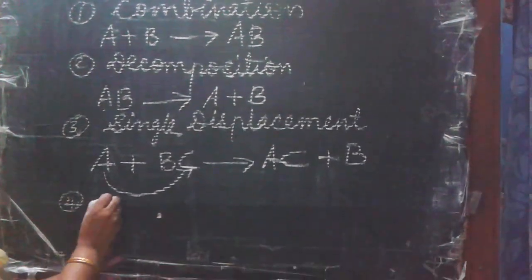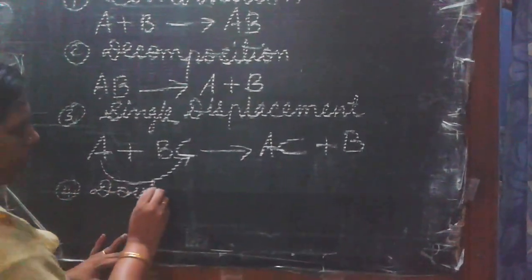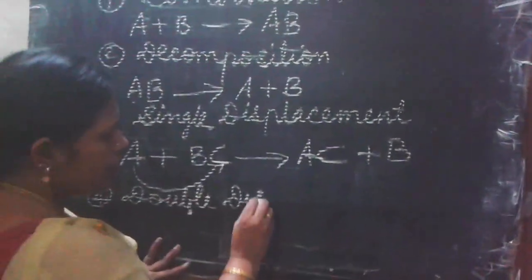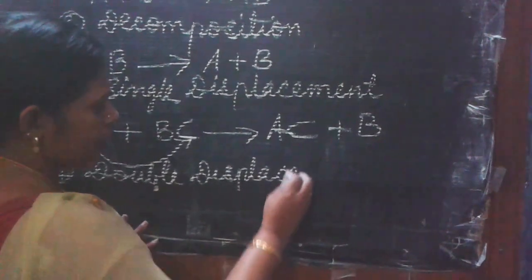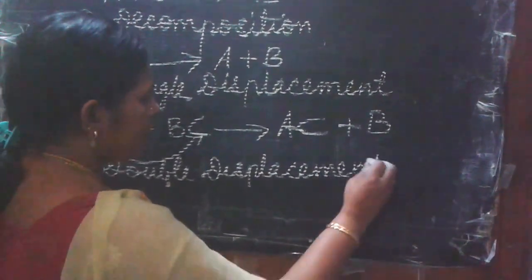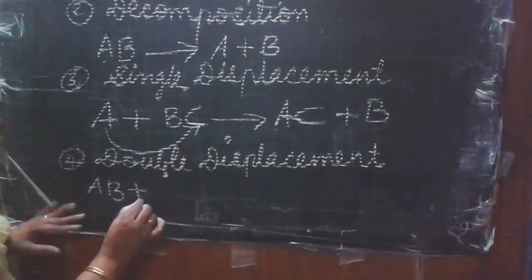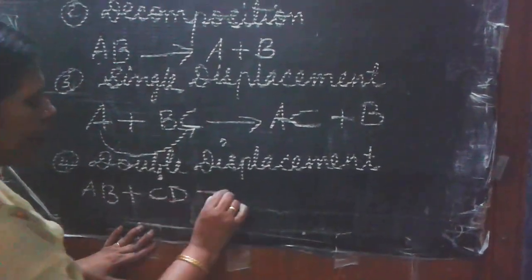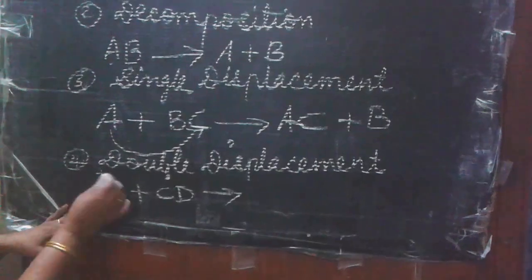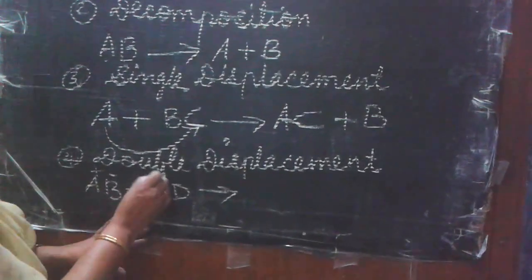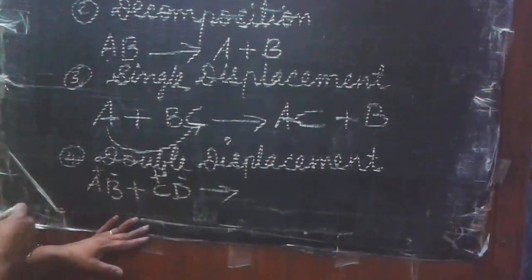And the fourth one is double displacement reaction. Here both of them exchange their ions. AB plus CD gives: here A is positive, B negative, C positive, D negative.